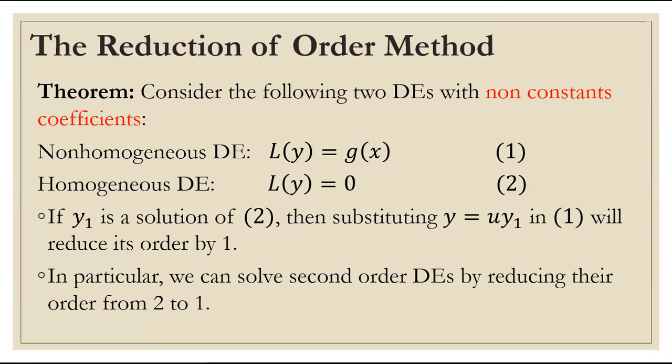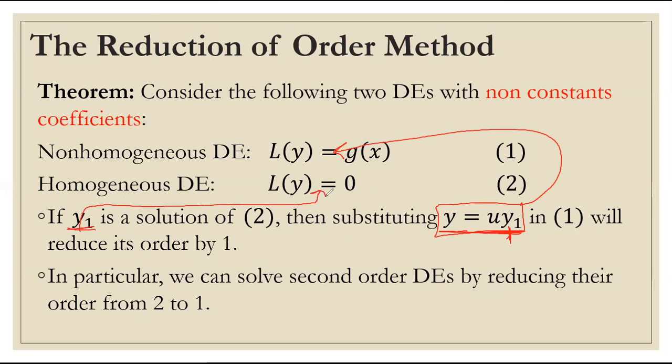If the question is to solve a homogeneous one and gives me the first solution, I'm going to use the rule of y2. But if the question asks me to solve a non-homogeneous equation and gives me the first solution of the homogeneous equation, I'm going to use the following substitution. This substitution will help me find the general solution for the non-homogeneous equation, such that y1 is a solution for the homogeneous equation.